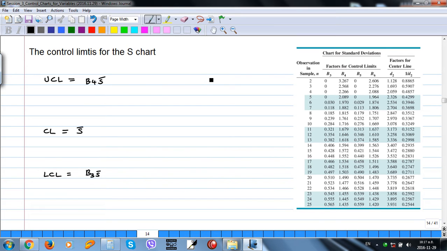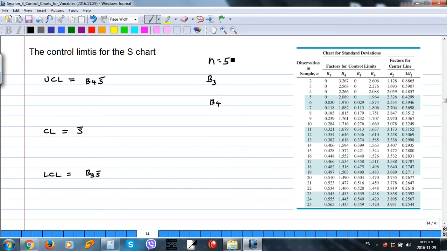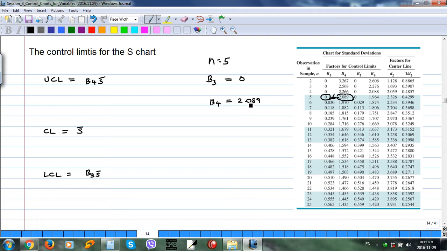You need to find b3 and b4 when n equals 5. When n equals 5, b3 equals 0, b4 equals 2.089. So b3 equals 0, b4 equals 2.089, right?